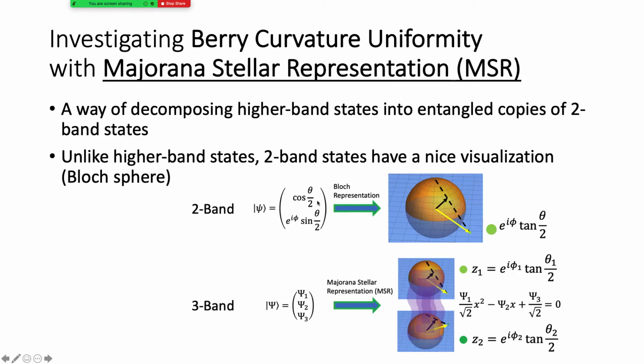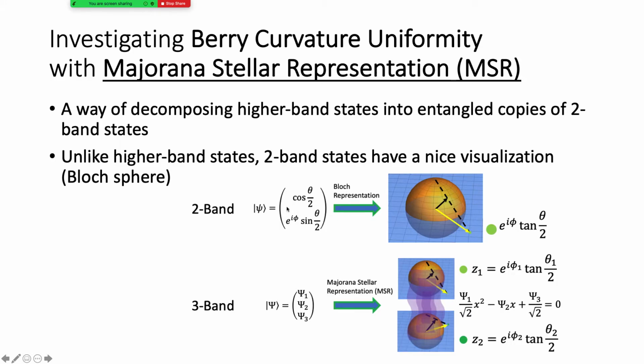So what does that look like more simply? If we have a spin half particle like an electron, then you can describe the spin half quantum state as a vector of two components, where each component is a complex number.